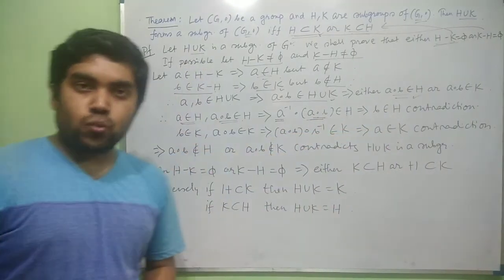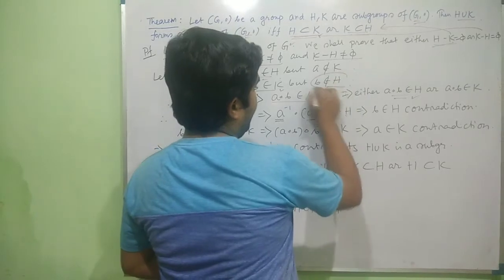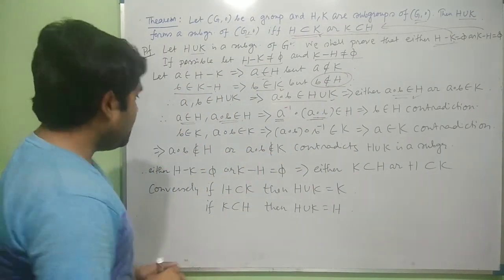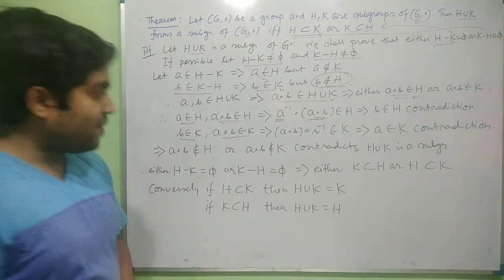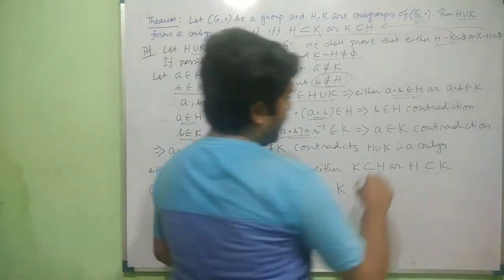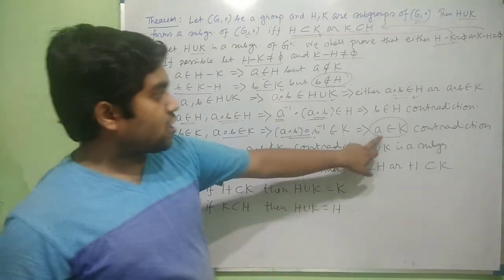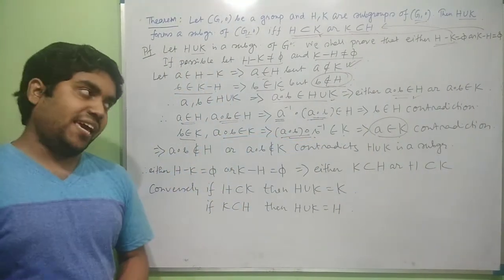Ultimately, b belongs to H, which is a contradiction because by our assumption, we have stated that b does not belong to H. Similarly, b belongs to K and a∘b belongs to K implies (a∘b) ∘ b inverse also belongs to K. From that we can obtain a belongs to K, which is a contradiction because we have already stated that a cannot be in K.